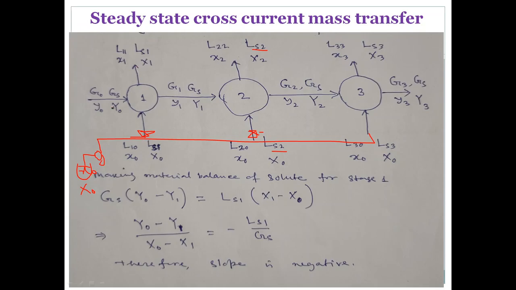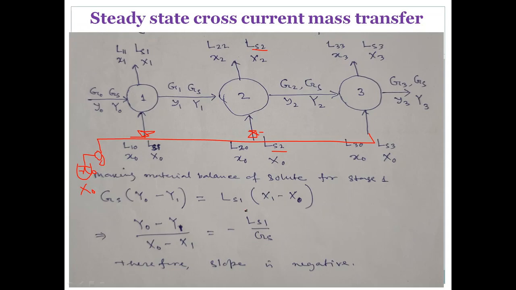Now if you take the material balance, let's take it for unit 1. So GS, what is entering: GS into this minus this. This is GS (Y0 minus Y1) equal to LS (X1 minus X0). So if you take Y1 minus Y0 over X1 minus X0, it equals minus LS over GS, isn't it?